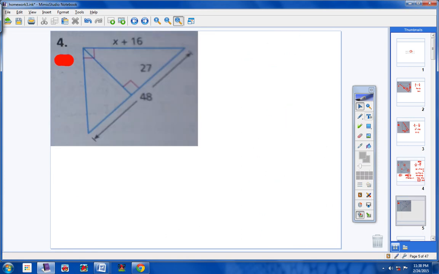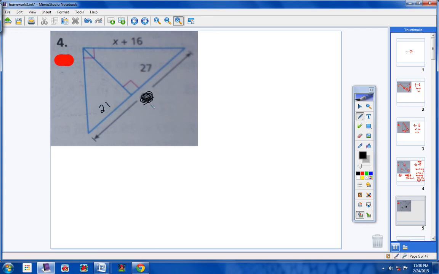Alright, number 4. Now this is like the first two that we did. We have a leg right here, which is the geometric mean of this segment here and the entire segment here, okay? So, now be careful guys. I can see me on a test or a quiz not giving you this number here and calling this segment here 21.